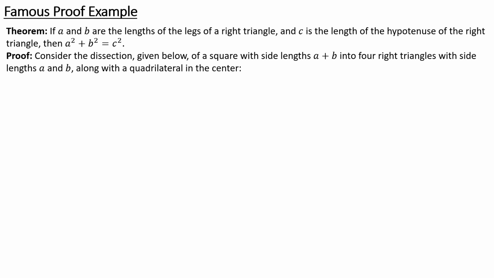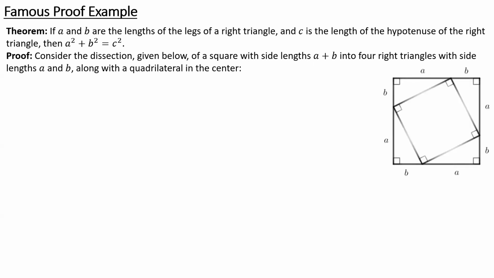Consider the dissection given below of a square with side lengths a plus b into 4 right triangles with side lengths a and b, along with a quadrilateral in the center, like this. So we have side lengths a plus b in our square, and there's our right triangle in each corner.